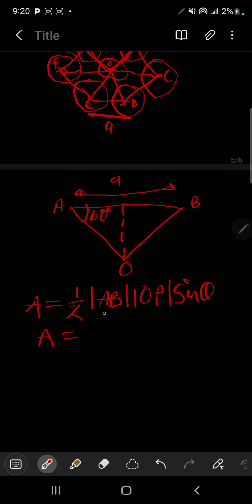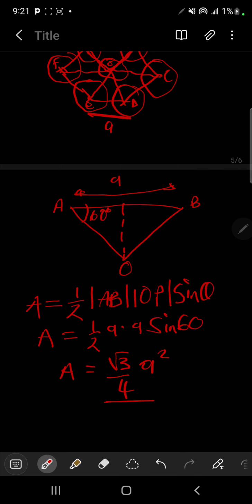So it means the area is going to be 1 over 2. The magnitude of AB is just a. Then the magnitude of OP is also a, and times sine 60. So if you punch it in, you realize that you just get the square root of 3 over 4 times a squared as the area.